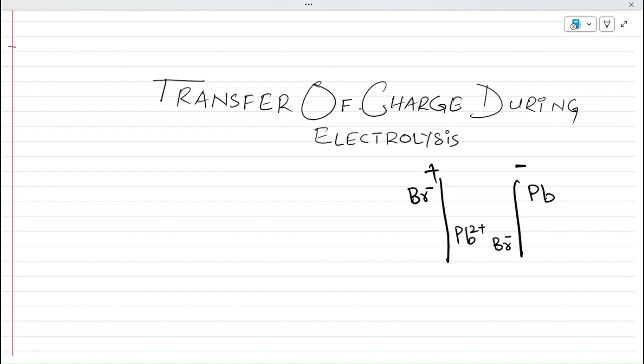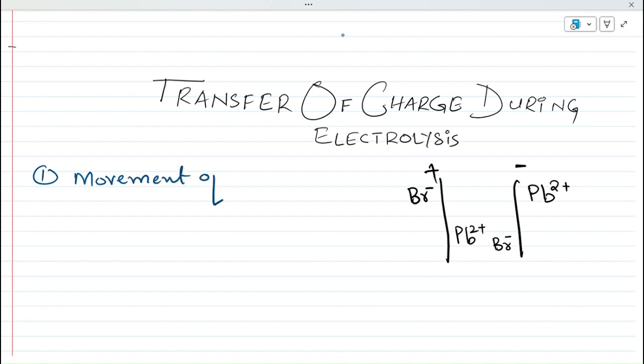Now if we talk about the transfer of the charge, there is the traveling of the ions through the electrolyte. First of all, this is the first point which you should know: there is a movement of positive and negative ions in the electrolyte.